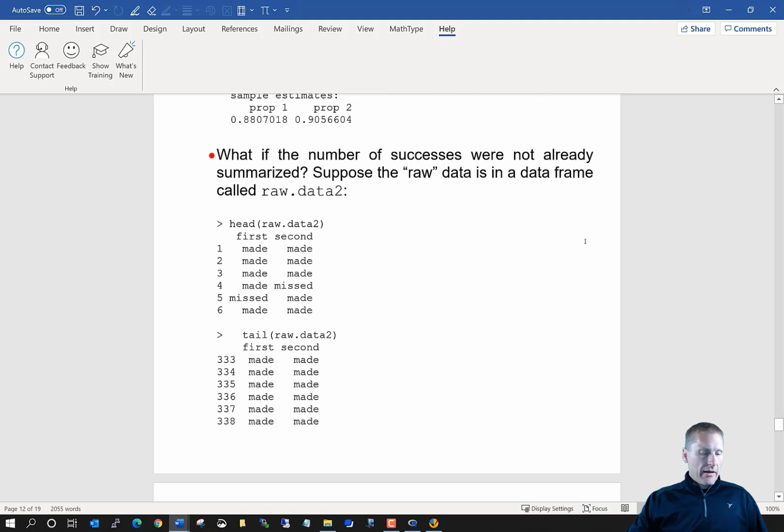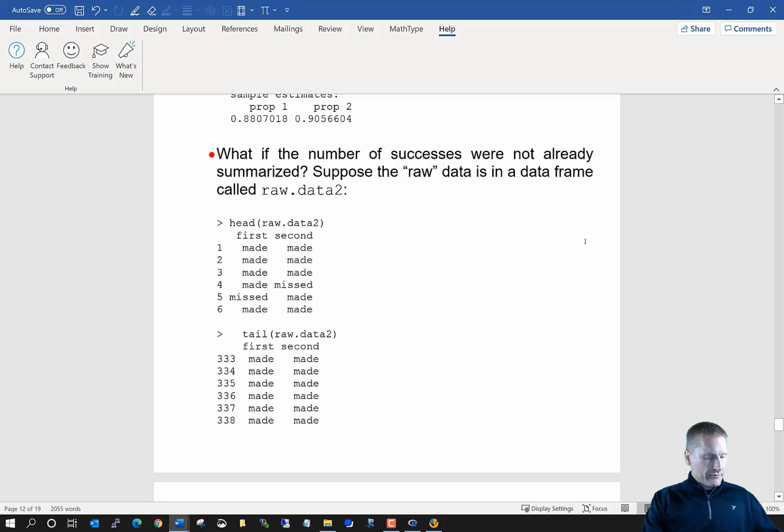Okay. This takes us then to page 16. Now, sometimes when you do an experiment, let's say like this, or you get the data from someone else, the data will be structured in the following format relative to the Larry Bird data set here. Let's say the data is in a data frame called raw.data2, where each row of the data frame corresponds to each pair of attempts for Larry Bird, or in other words, each set of observations.